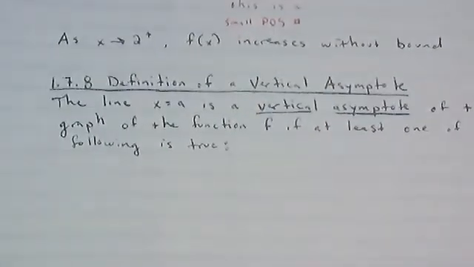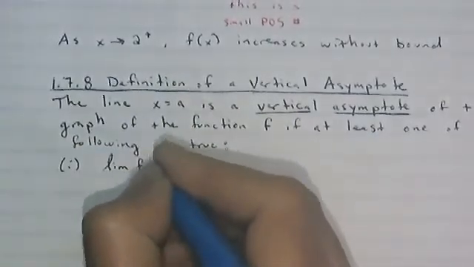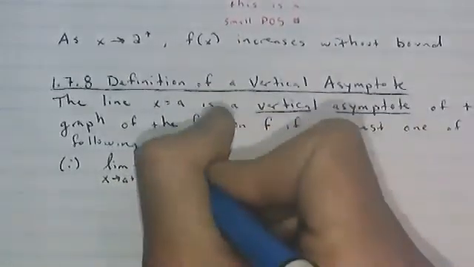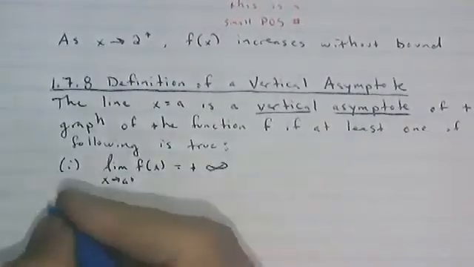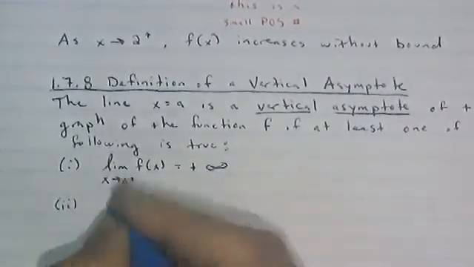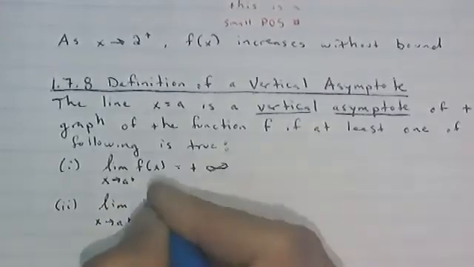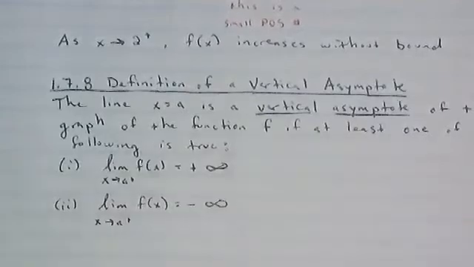If any approach, left or right, gives you an increase or decrease without bound, you've got a vertical asymptote. So there's 4 ways to say that. One, if as you approach a from the right, f of x increases without bound, vertical asymptote. If as you approach a from the right, f decreases without bound, you've got a vertical asymptote.